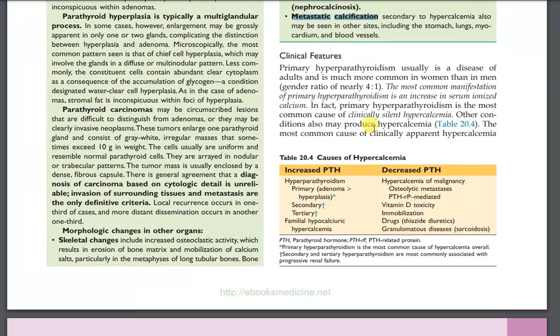Clinical features. Hyperparathyroidism usually is a disease of adults and is much more common in women than in men. It's 4 to 1. Why are females more involved? It especially happens after menopause.